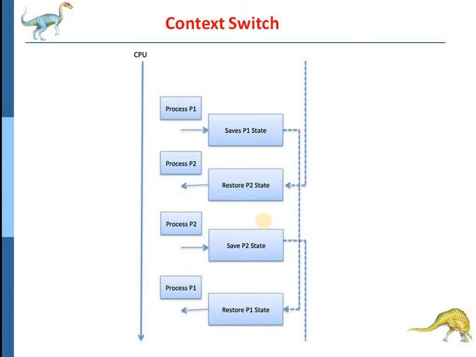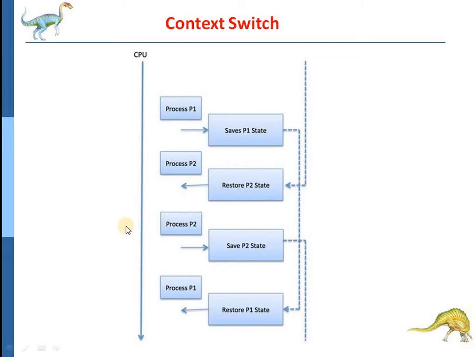It is the layout of context switch. Here is a CPU line. There are two processes, process P1 and process P2. When process 1 is switched out, it saves the process 1 state into its PCB.